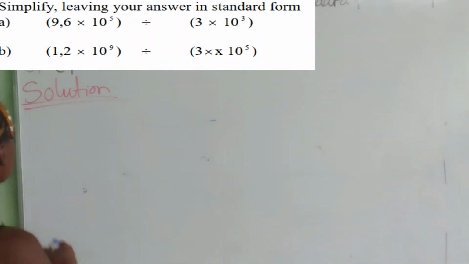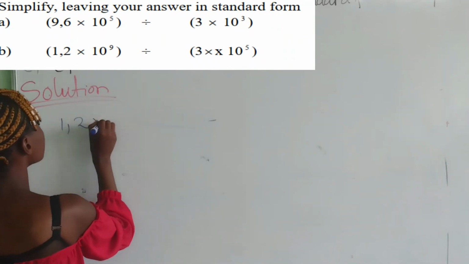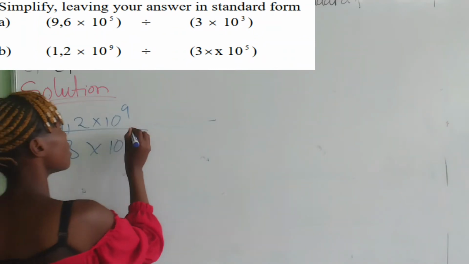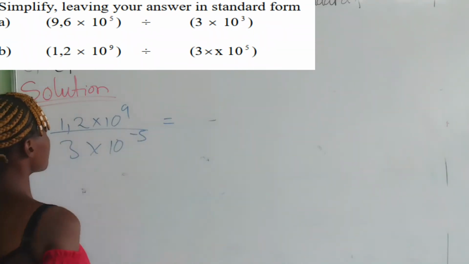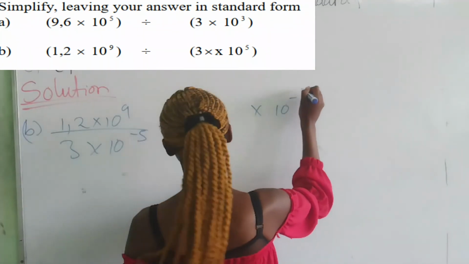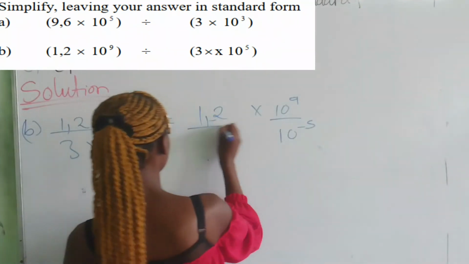For our part B, 1.2 times 10 to the power 9 over 3 times 10 to the minus 5 is equal to 1.2 times 10 to the power 9 over 10 to the negative 5 over 3.